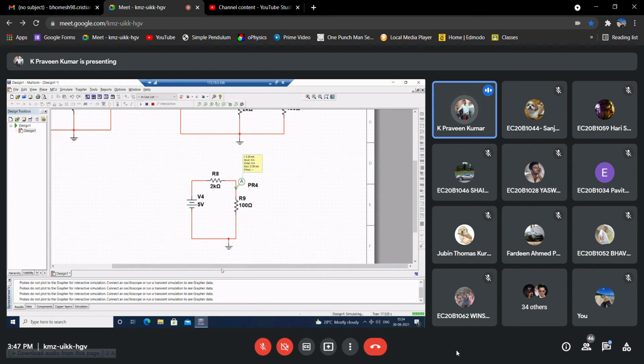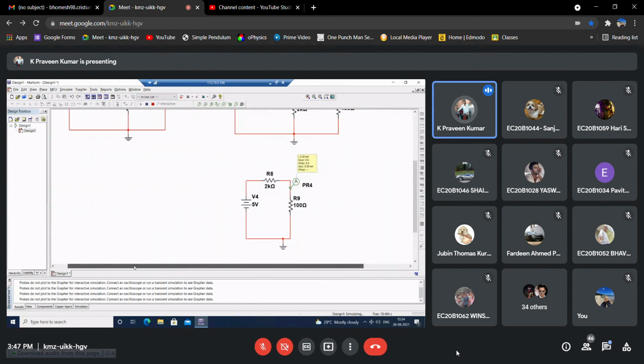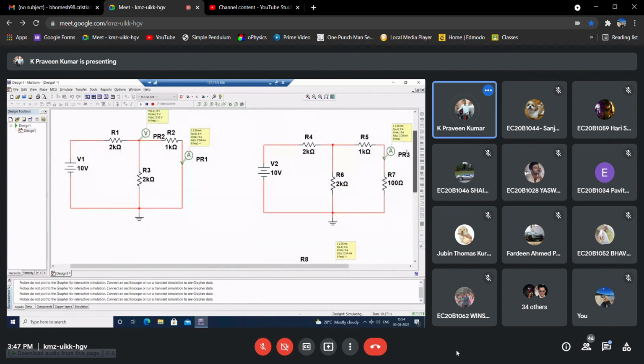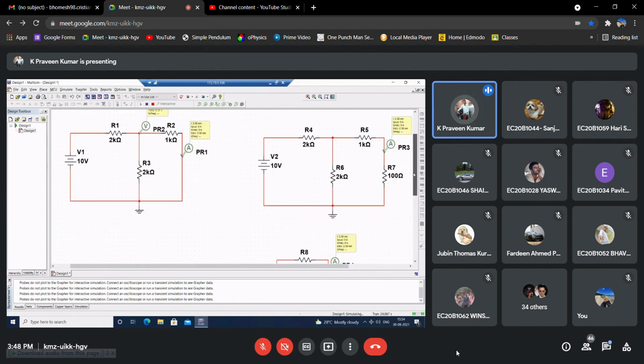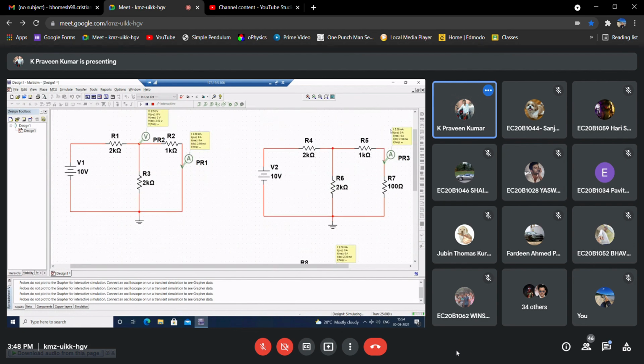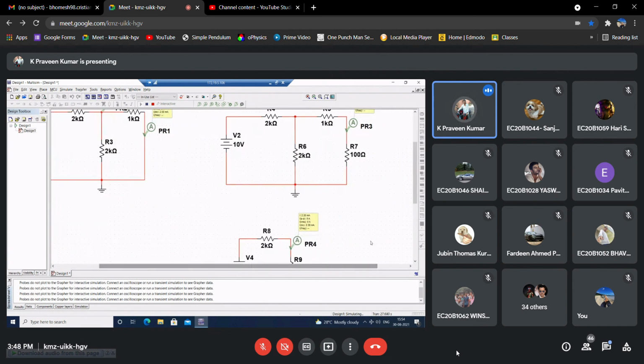The Thevenin voltage is obtained by finding the open circuit voltage at the terminals, and we find the short circuit current; the ratio of those is the Thevenin resistance. Now verify the Thevenin circuit by connecting a load across the terminals and finding the response. That response should be the same. So this is the way we verify Thevenin's theorem. Is there any doubt about how to do the experiment?